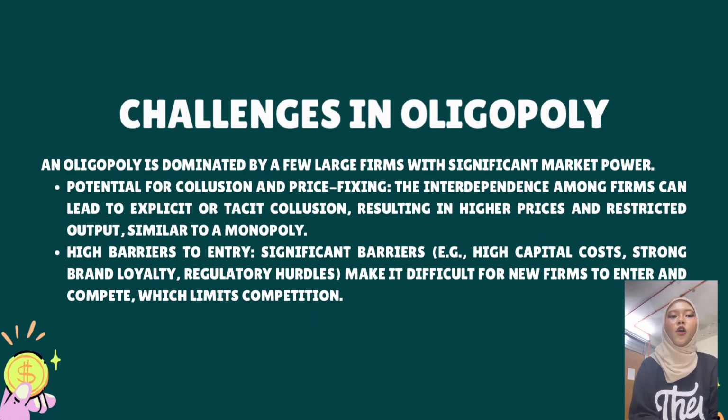Challenges in oligopoly. An oligopoly is dominated by a few large firms with significant market power, with potential for collusion and price fixing. The interdependence among firms can result in higher prices and restricted output, similar to a monopoly.